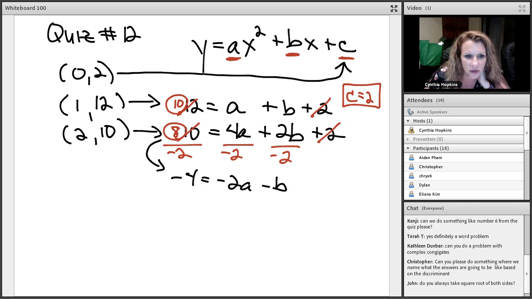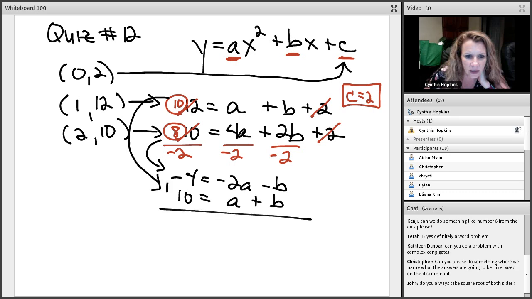And so this first equation is awfully far, so I think I'm going to rewrite it. I have 10 equals a plus b. And so you can see that when I add these two equations, my b's will cancel. So I get 6 equals -a. If I multiply both sides by a negative, I get a equals -6.